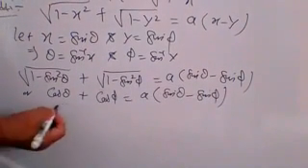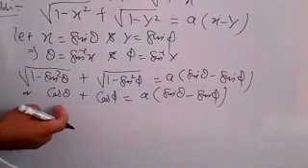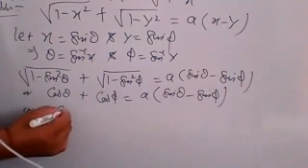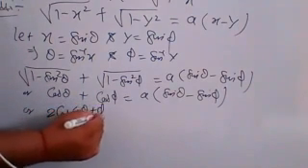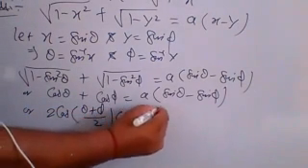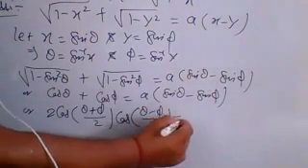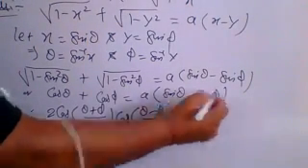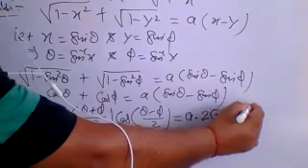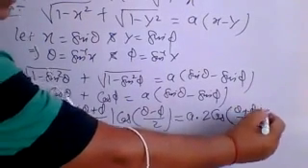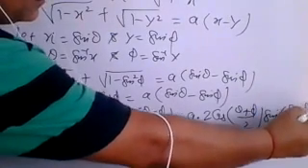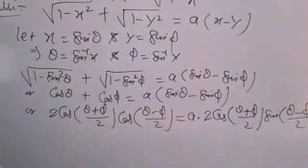Now here you apply the identity: cos θ + cos φ can be written as 2 cos((θ+φ)/2) cos((θ−φ)/2), and this is equal to a times, applying the identity, 2 cos((θ+φ)/2) sin((θ−φ)/2). You have to write it in this way.